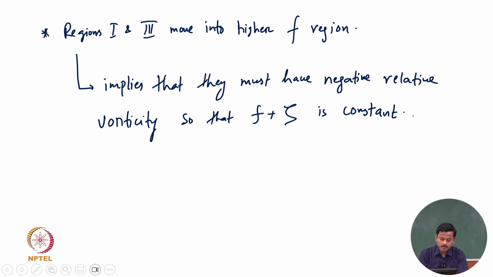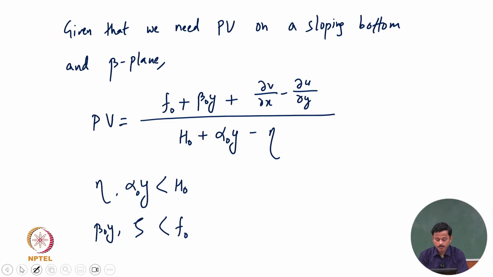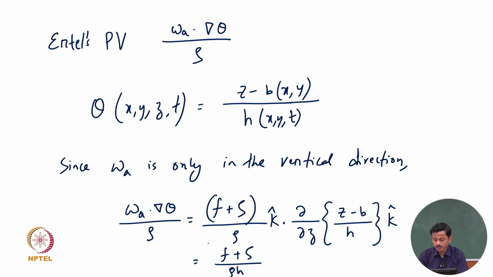I hope we are clear on this. So f plus zeta has to be constant. This is what is given by the conservation of potential vorticity, and this is the form that we have derived.